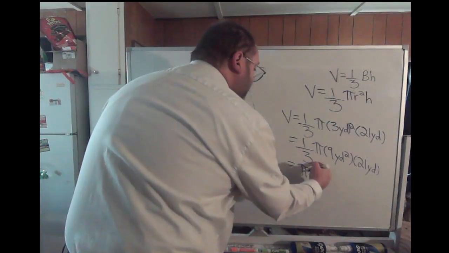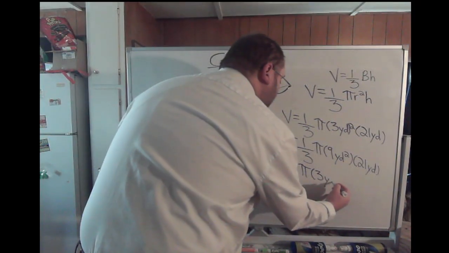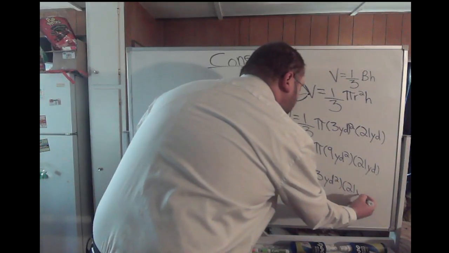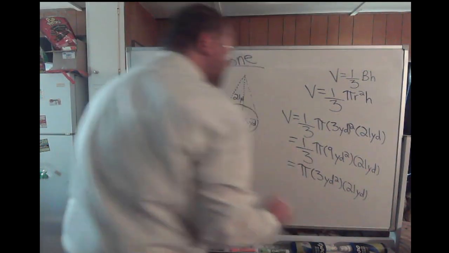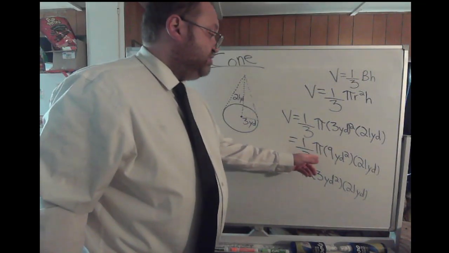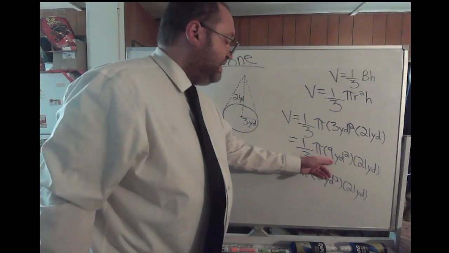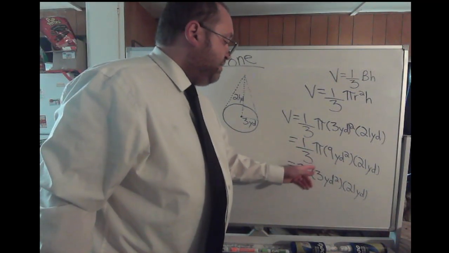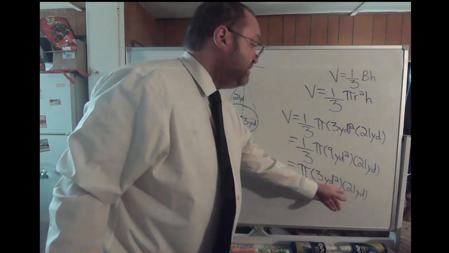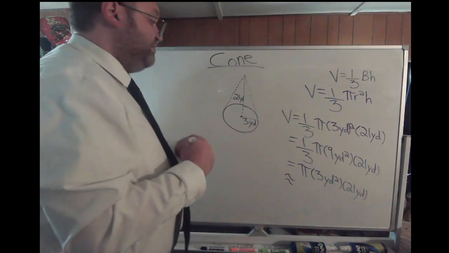So I'll have pi times 3 yards squared times 21 yards. I go ahead and multiply all those, I should get my volume of the cone.